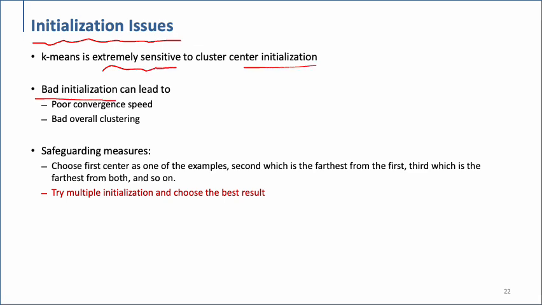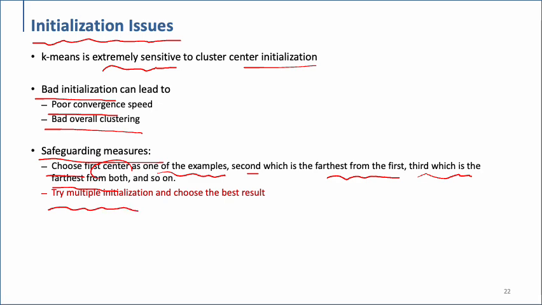A bad initialization can lead to poor convergence speed or bad clustering. A safeguarding measure is to choose the first center as one of the examples, the second as the one farthest from the first, the third as the one farthest from both, and so on. The idea is to try multiple initializations and choose the best result.